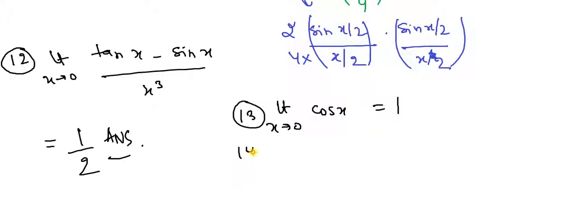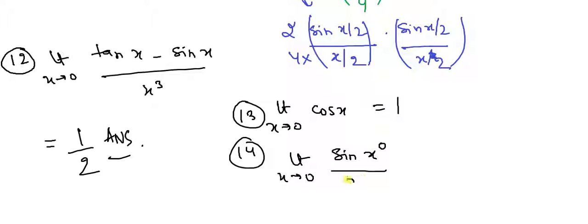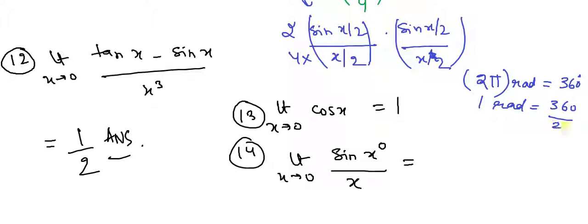14th point, limit x tends to 0, sine of x degrees divided by x will be what? This is very simple question. First of all you should know what is degree and what are radians. There's a simple method that 2 pi radians is equal to 360 degrees. So if you have 1 radian, then that will be how much degrees? 360 by 2 pi degrees.